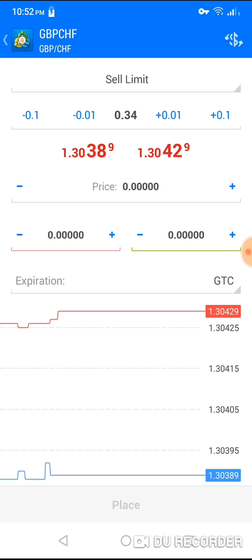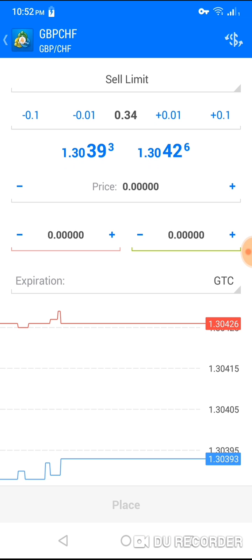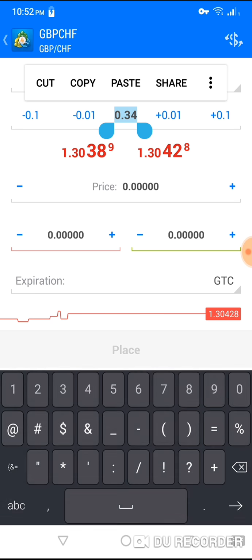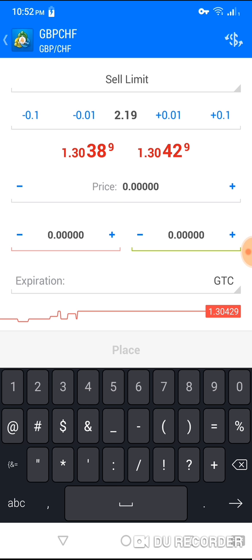Now this next row of numbers is where we're going to enter in our lot size. We can just hover over that, click paste. So that just pasted in our lot size. The next row of numbers right here are the current price of this pair as it's moving. The next line where it says price, that's where we want to enter in the price from our trade setup page.